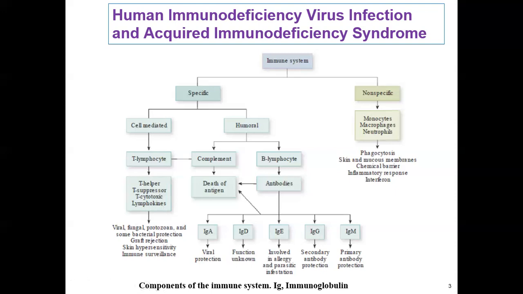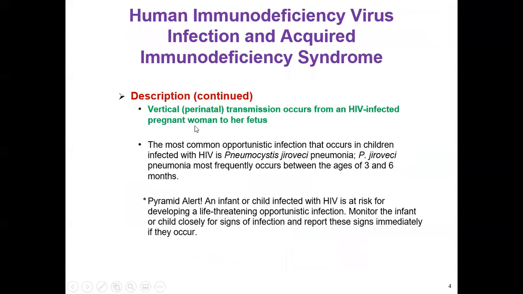And here, about some description: vertical transmission occurs when an HIV-infected pregnant woman transmits it to her fetus. The most common opportunistic infection that occurs in children infected with HIV is pneumocystis pneumonia.